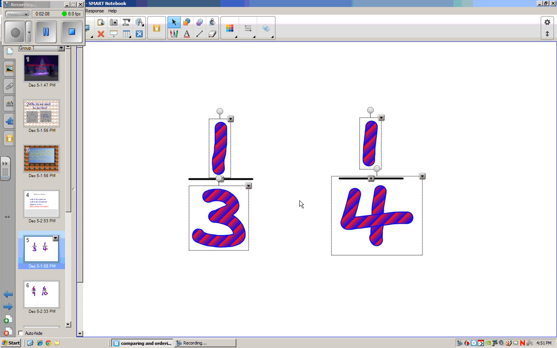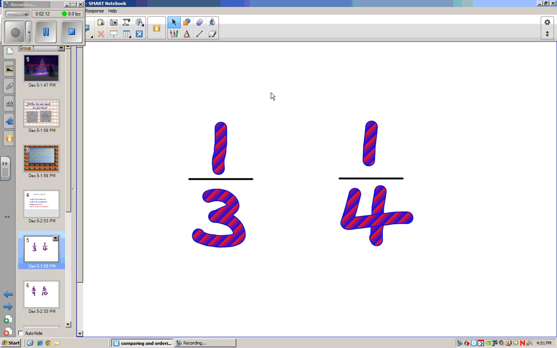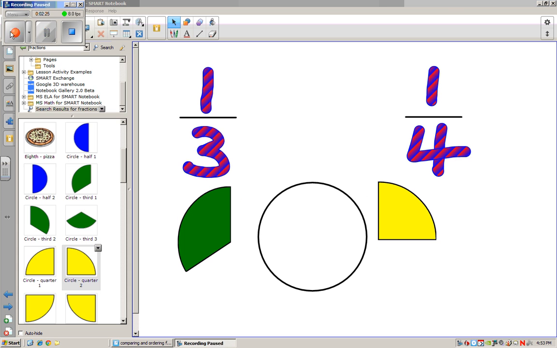So an example on this first one, we have 1/3 and we have 1/4. And we want to find out which one's bigger. Well, the numerators are the same on the top, so there's one piece of each of them. So then we have to look at what 1/3 is versus what 1/4 is. We can take a circle here and compare these two.